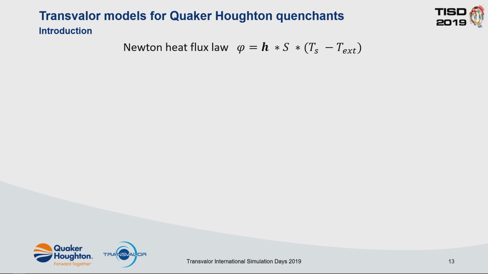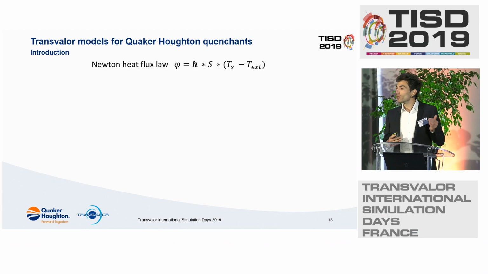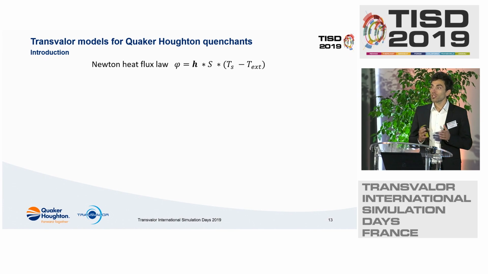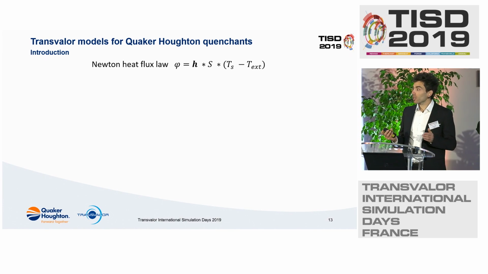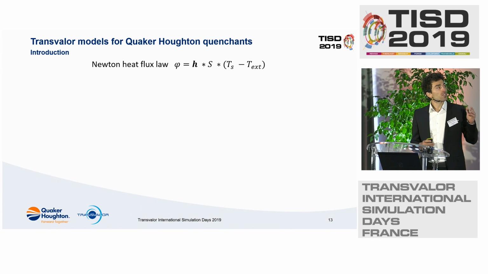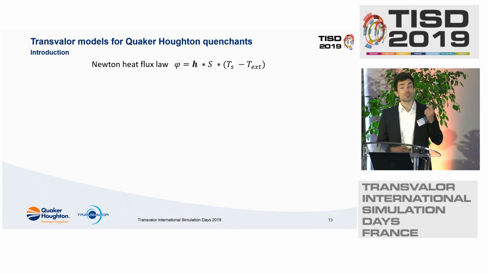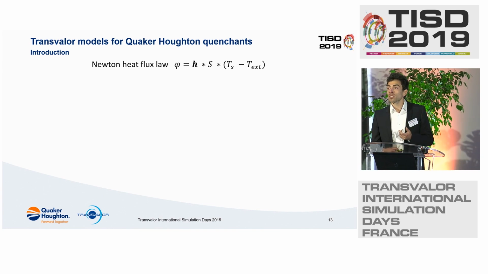So I will show you how we took all this knowledge from Quaker Houghton to model these fluids in Forge. A brief introduction by reminding you how we take into account the ambient media in Forge. We use the Newton heat flux law, which is quite simple. The heat flux is proportional to the difference of temperature between the surface of the billet and the ambient media.